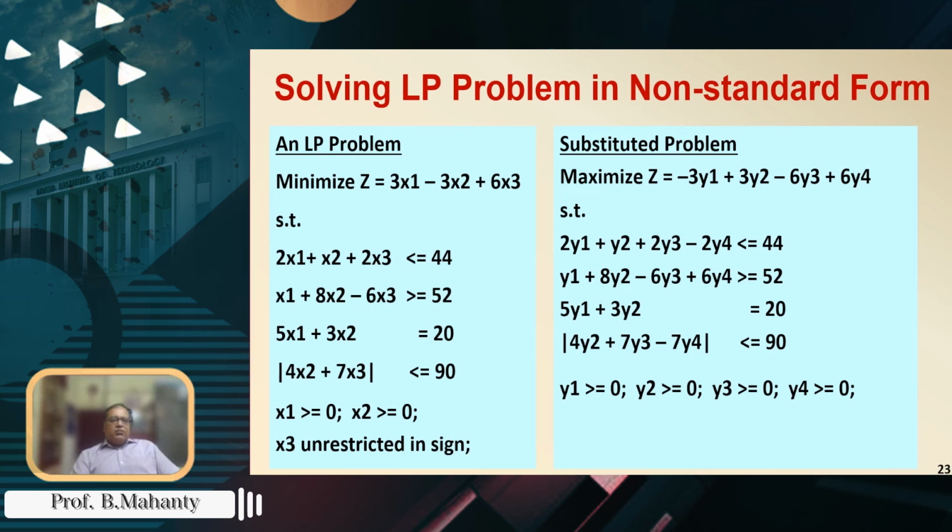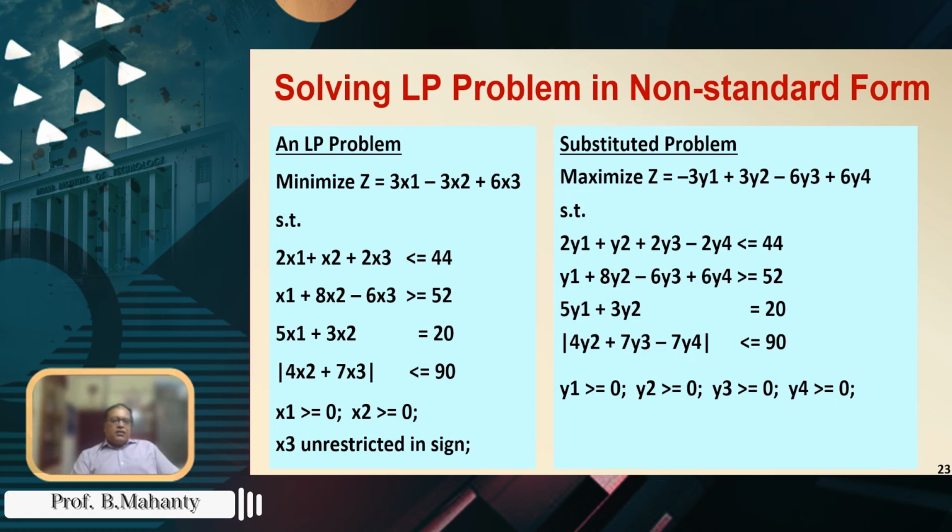These are the substitutions, that is x1 equal to y1. So when we go from minimize to maximize, we take a minus of this. So minus 3x1 plus 3x2 minus 6x3, maximize. Since x1 equals y1, in the y domain it will be minus 3y1.